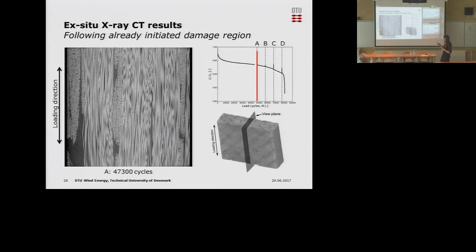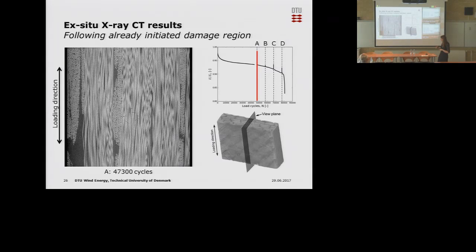This is the measured stiffness degradation, and there are 4 interruption points A, B, C, D here. And this image shows an example of a 2D slice from the 3D data set of the point A, where we have the backing fiber bundles here that are going out of the plane again, and the unidirectional fiber bundles on each side here. And we have fiber fractures here, and also here. You can see these black lines that we have the fiber fractures.